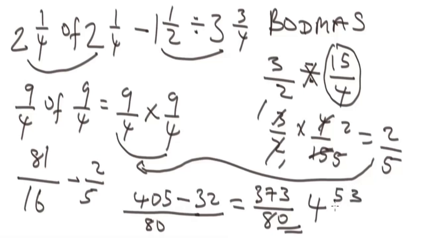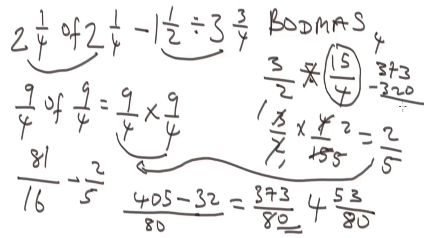That's 53 over 80. Because when you divide this 373 by 80, out of this 373 we have here, 80 times 4 is 320. 320 by 80 will give you 4. Right? So what you do now to get the remainder is 373 minus 320.